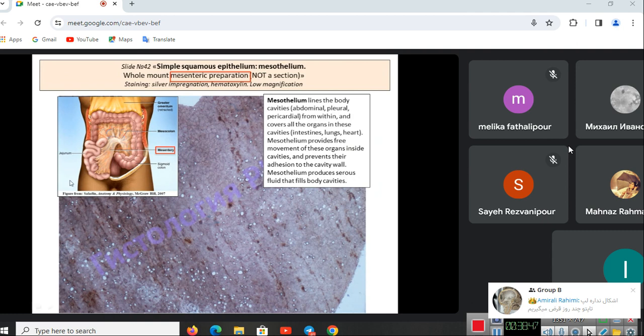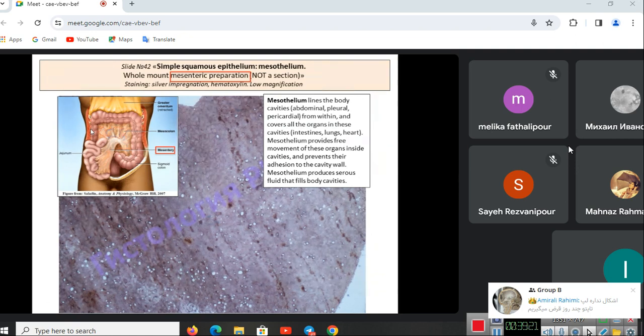So the wall of the abdominal cavity is covered with mesothelium, and the intestines are covered with mesothelium, and between these layers of mesothelium there is the serous fluid, which decreases friction when the intestines move inside the body cavity, because during the digestion process the intestines can move a little inside the cavity.